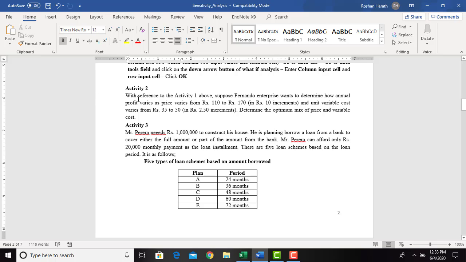In the activity 2, it says that with reference to the activity 1 above, suppose Fernando Enterprise want to determine how annual profit varies as price varies from 110 to 170. එතකොට පළවෙනි අපි කතා කරපු උදාහරණයට අදාළව price එක 110 ඉඳලා 170 දක්වා vary වෙනවා කියලා හිතන්න කියනවා, 10 ගානේ incremental change එක. variable cost එක vary වෙනවා කියලා හිතන්න කියනවා 35 ඉඳලා 50 දක්වා 2.50 ගානේ. එහෙමනම් මොකක්ද optimum mix of price and variable cost? ඒ කියන්නේ what must be the combination that gives you the highest profit?